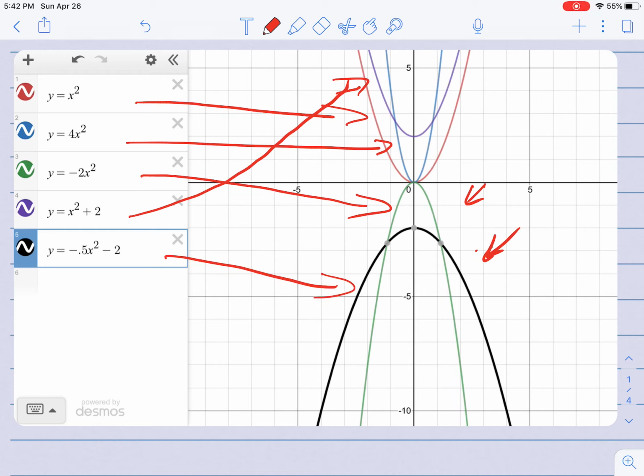Okay, and what you notice, the axis of symmetry on all of these is going to be the y-axis. And so any quadratic function that has no b value, the axis of symmetry is always going to be the y-axis. So that's going to be the axis of symmetry.